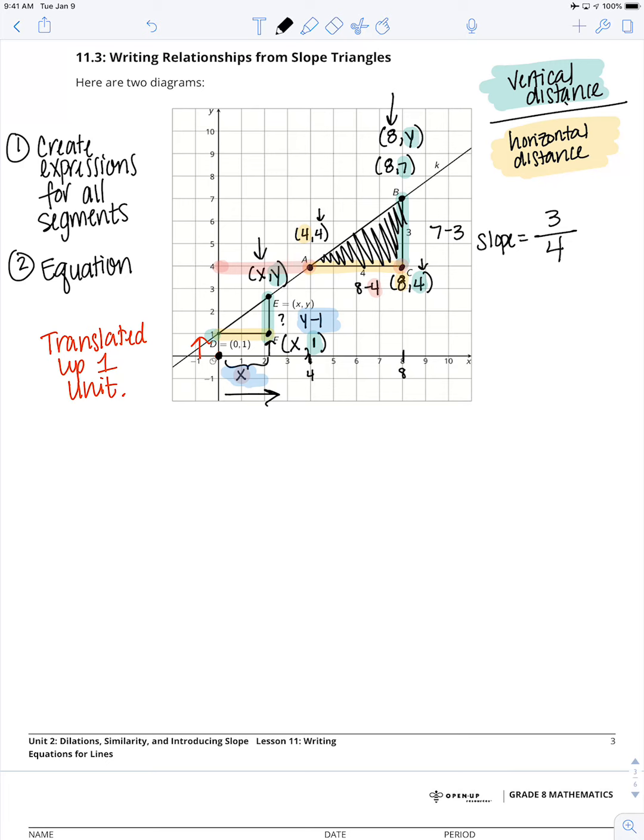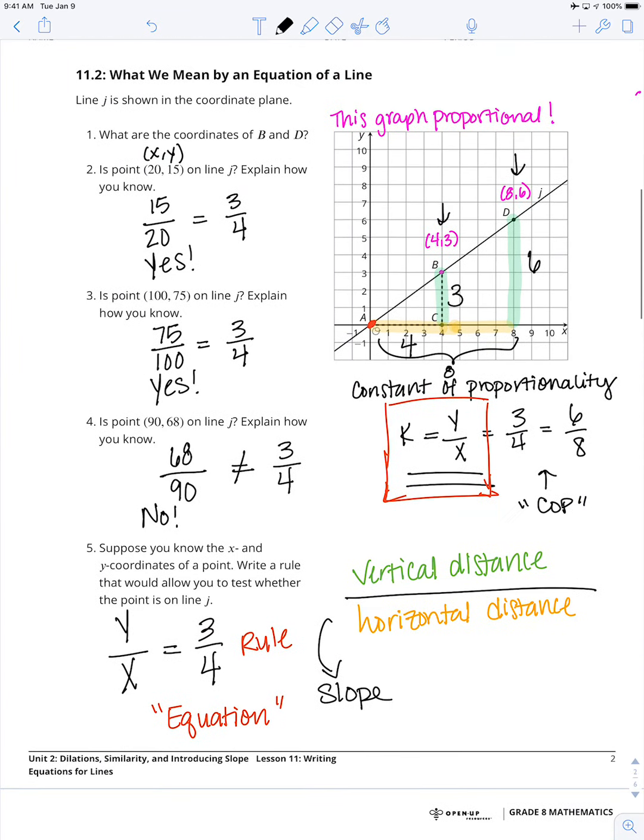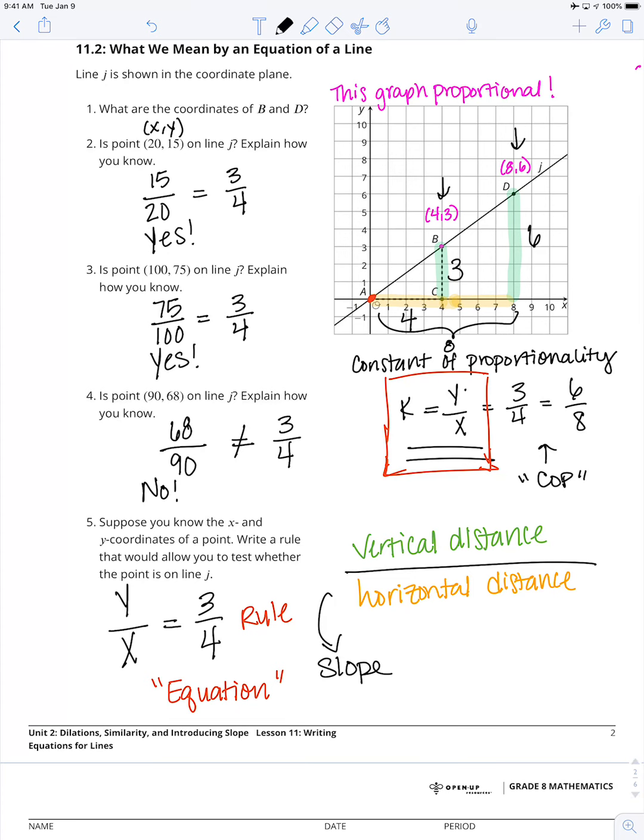So with my expressions, y minus 1 and x, those represent my vertical distance and my horizontal distance. But every vertical and horizontal distance has to equal 3 over 4. So this is now my new rule. Any point that I take, right, in the previous one, let me scroll back up, I could just take the ordered pair and say y over x is equal to the slope.